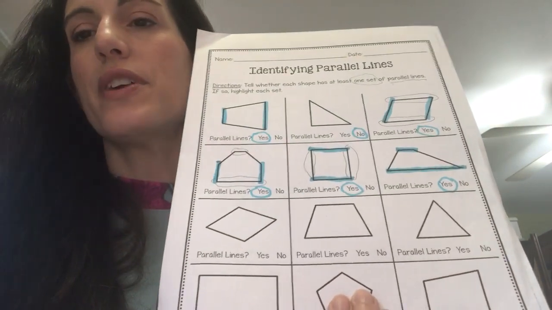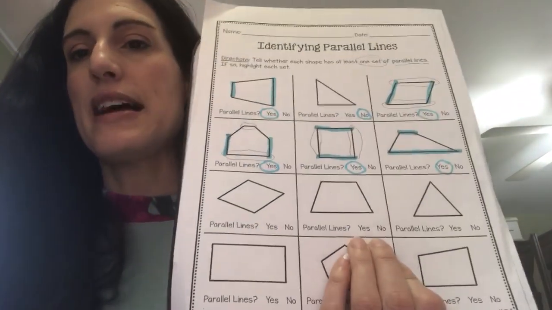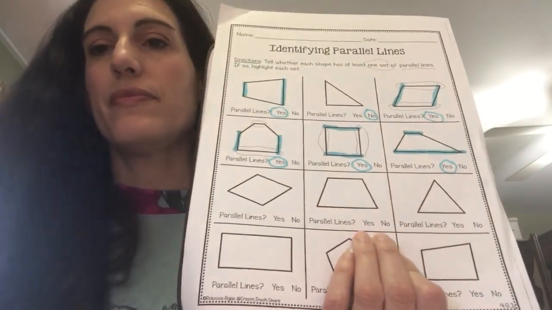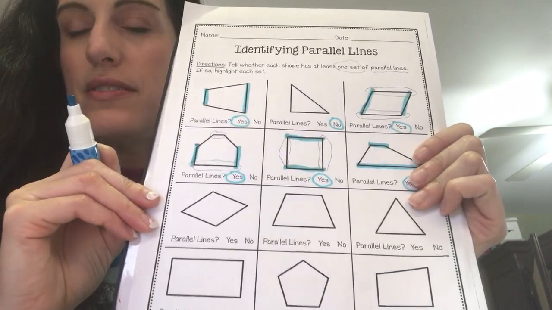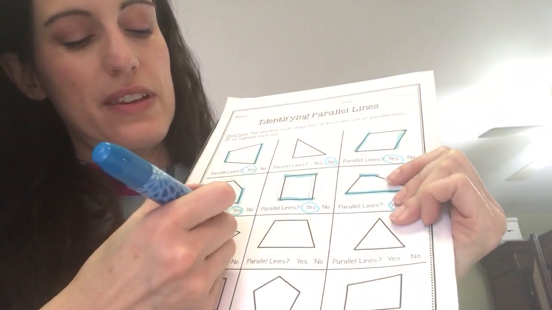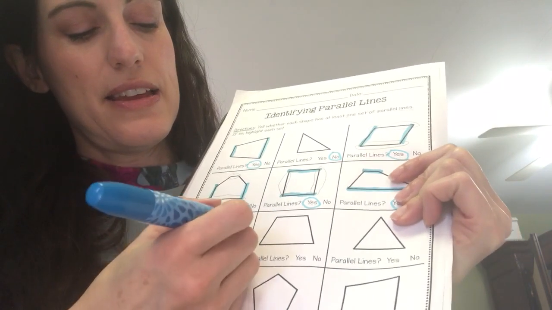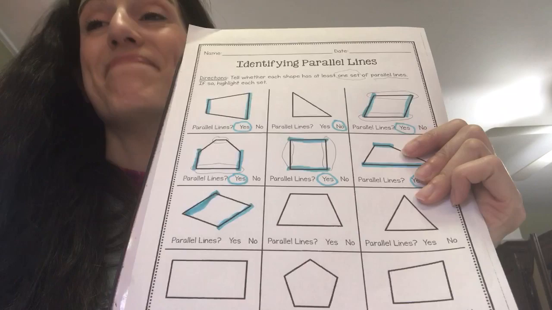Okay, let's look at this one. This is like a diamond, put to the side. Do you think you see any parallels? Good. This side and this side are parallel.